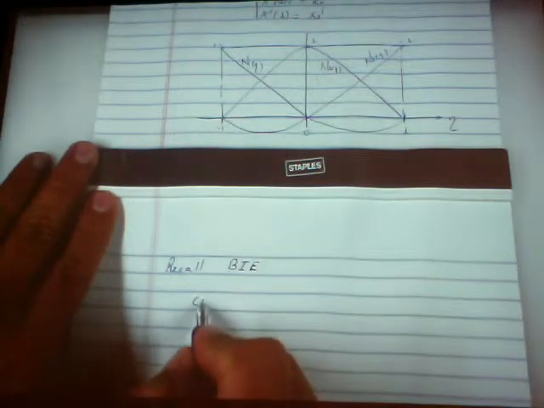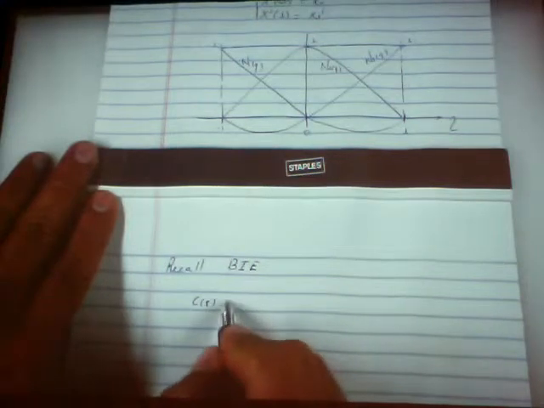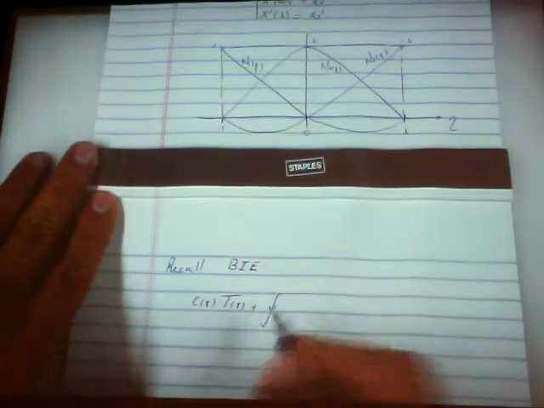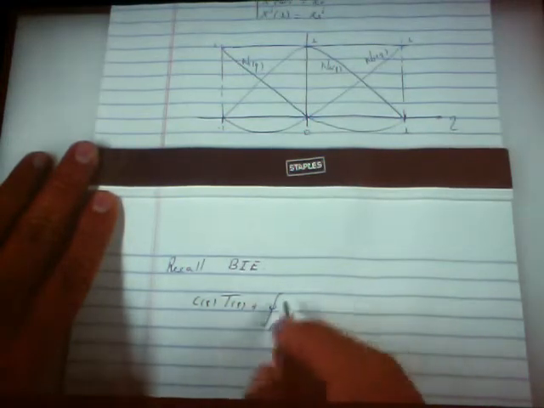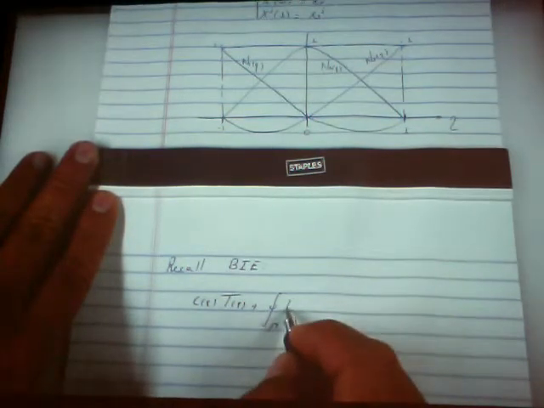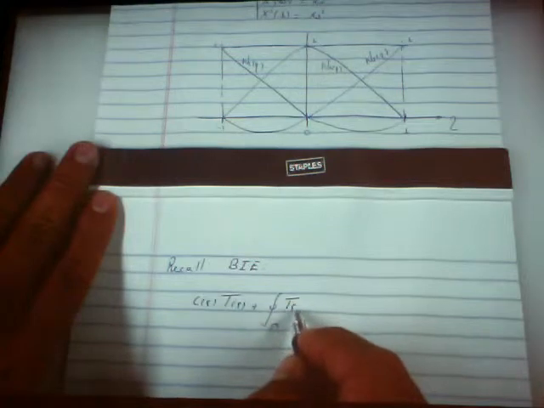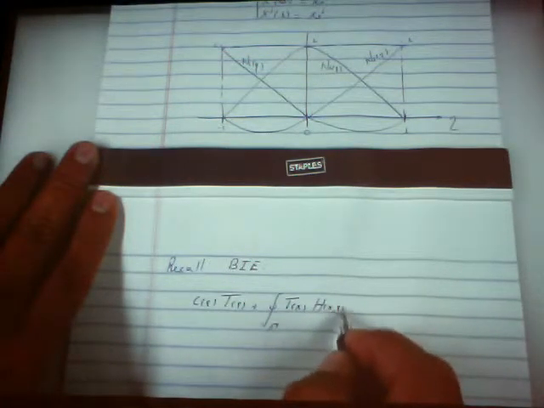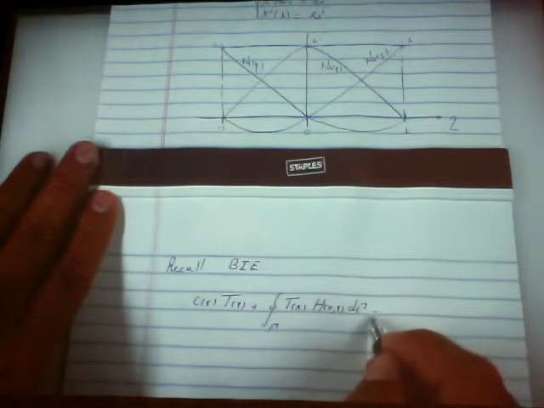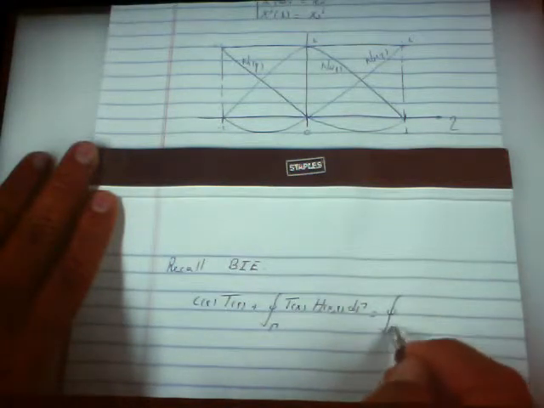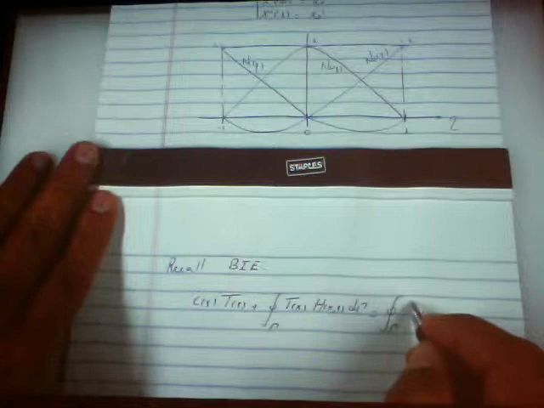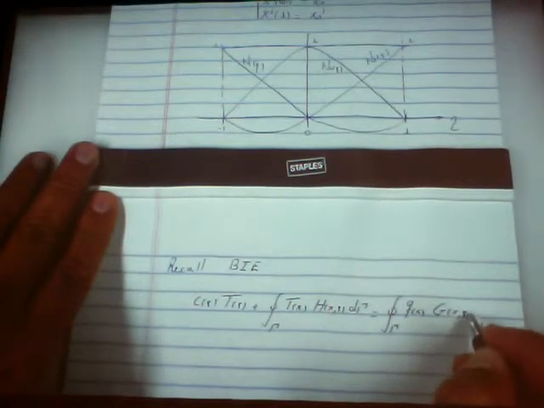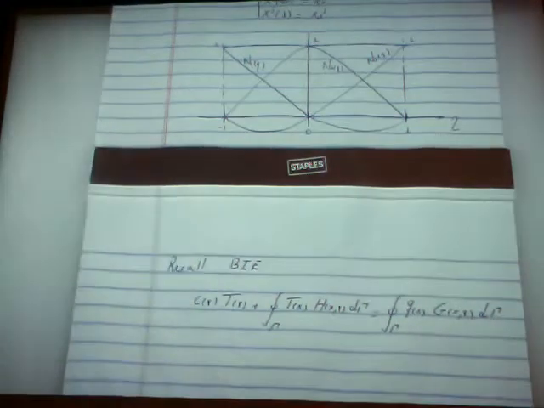That looks like C of xi times T of xi plus the integral over the boundary of T of x H of x, xi is equal to the integral over the boundary of q of x G of x, xi d gamma.